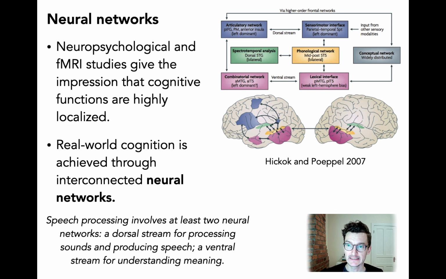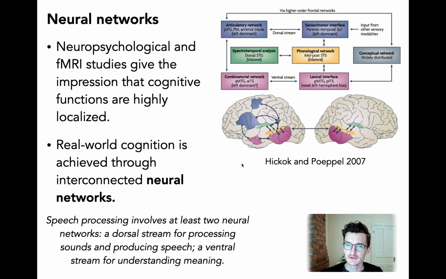And any one cognitive or behavioral process probably relies on dozens of brain areas. And just to illustrate that, this is a model of language processing. And I don't expect you to learn this model or even understand what's going on here. The point of the image is just to show you how complicated it is.